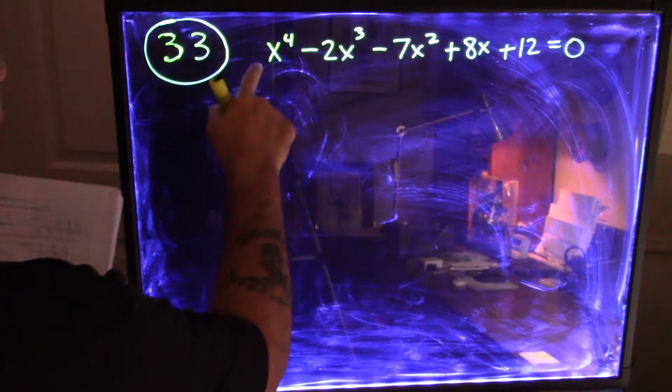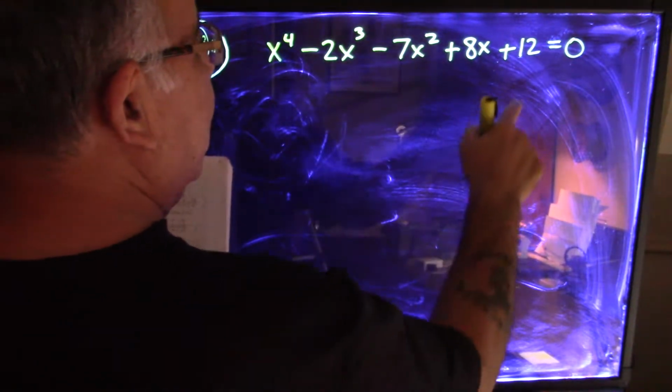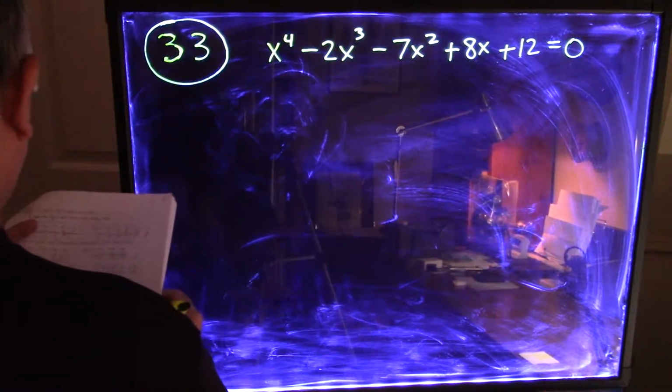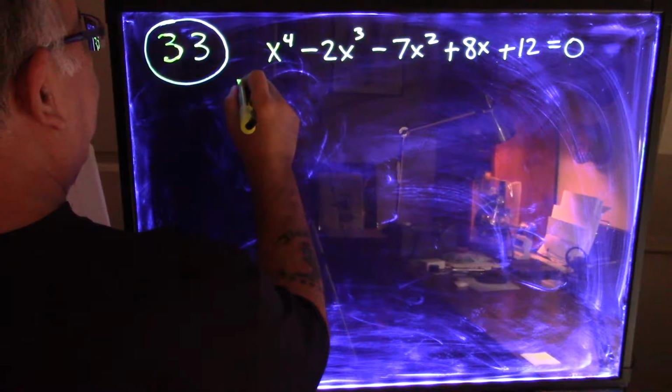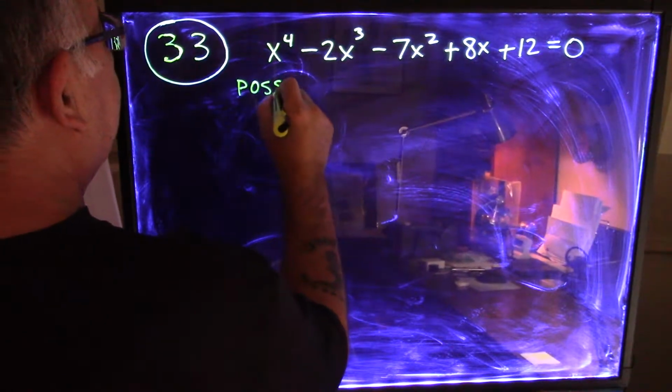So the leading coefficient is 1, so all we have to do is get the factors of 12, and that'll give us our possibilities for p over q, the rational root possibilities.